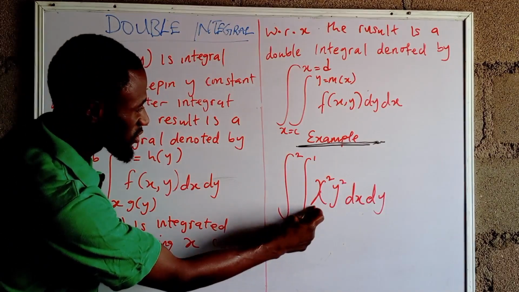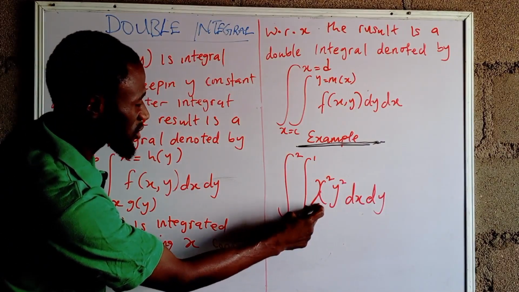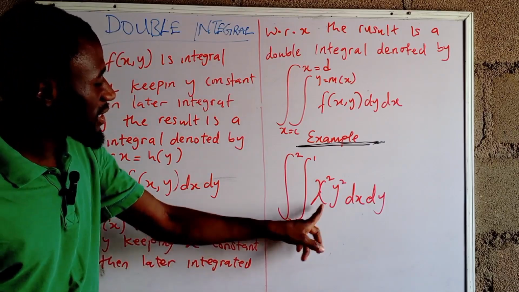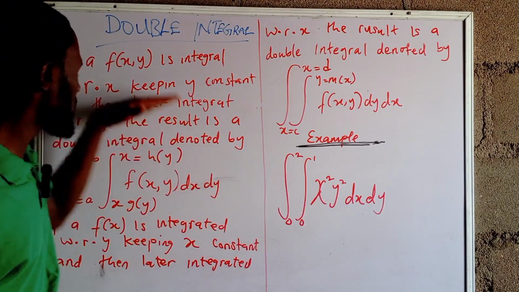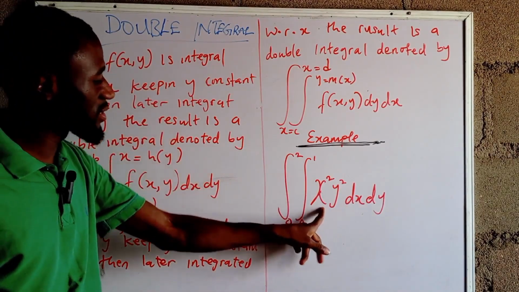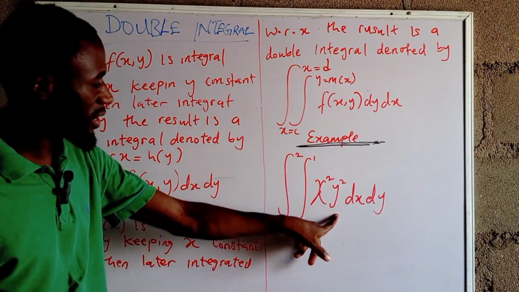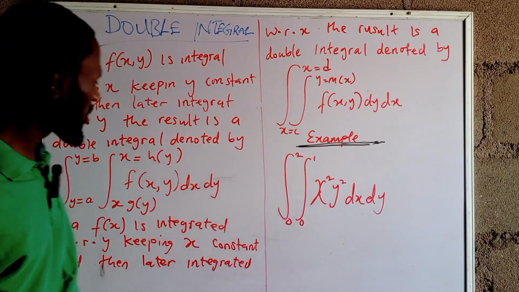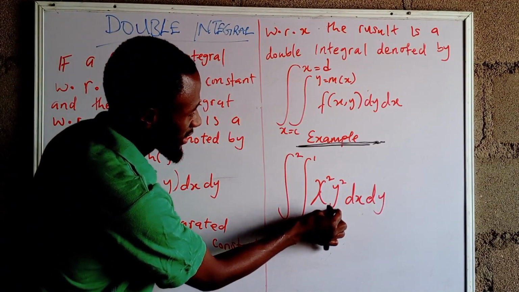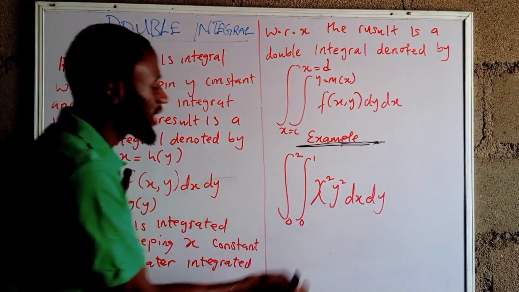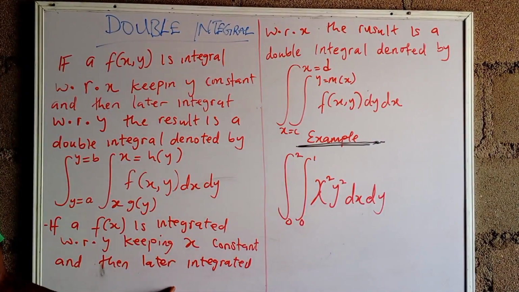Assuming the question is given like this, you can integrate x and keep y constant. Later on you integrate y again, then take the limits and substitute.